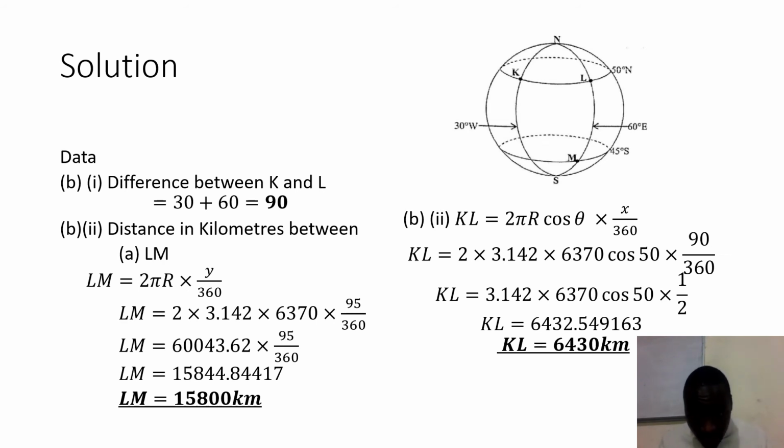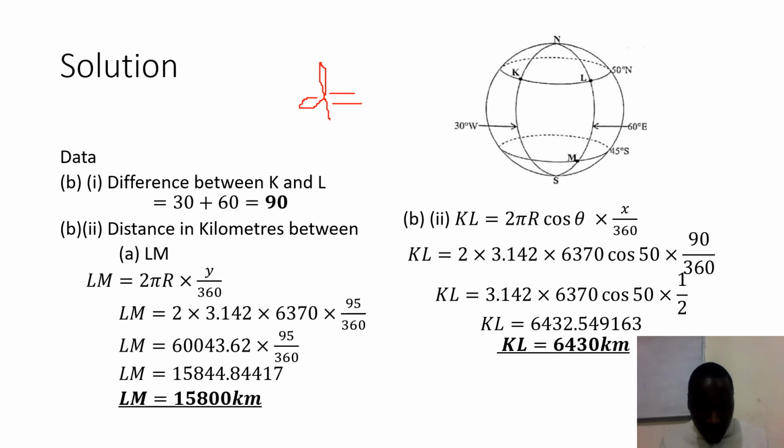So you can see that LM is along a longitude, and the difference D between L and M is 95, because you have to add 45 plus 50. So we'll calculate the distance LM using the formula 2 pi r times y over 360.